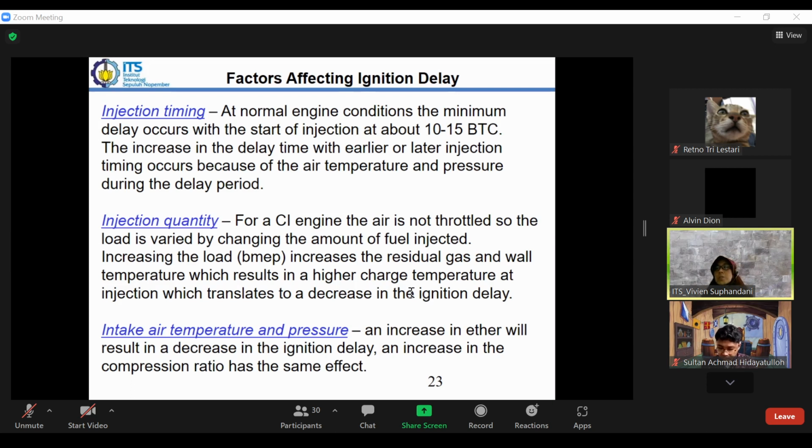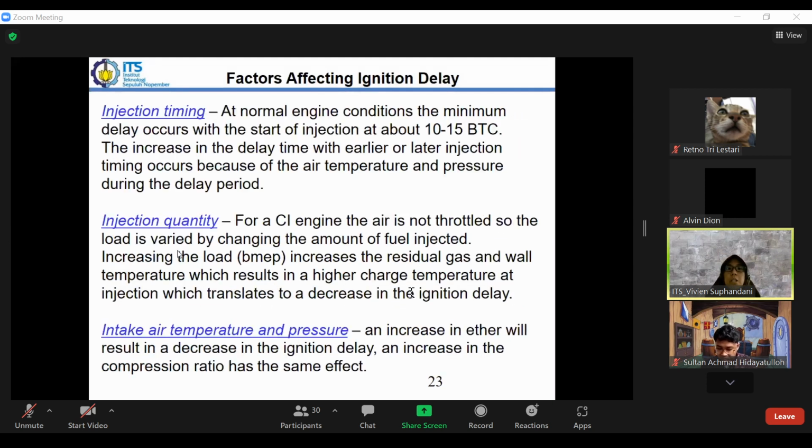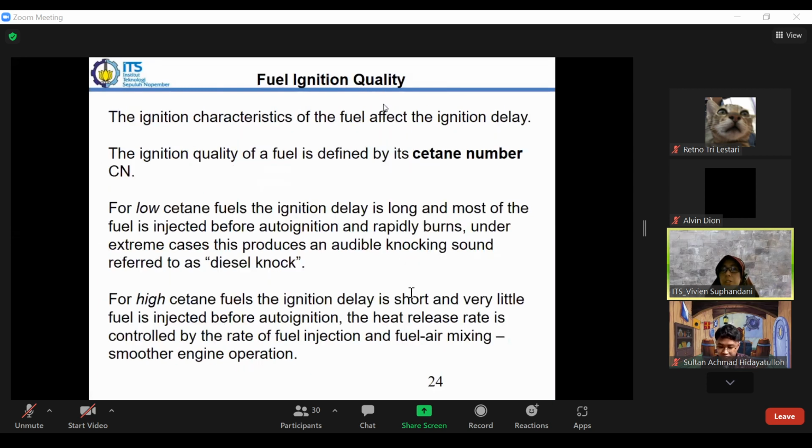So of course, this will make the ignition delay shorter. So these are the factors. And when we talk about ignition delay, the fuel quality now relates to the ignition delay.